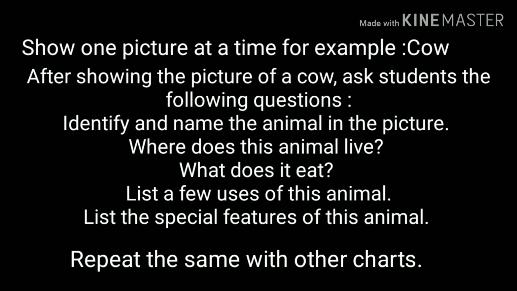Then, where does this animal live? Then, what does it eat? Then, list a few uses of this animal. And then, list the special features of this animal. Alright? Then teacher must repeat the same with other animal pictures as well.